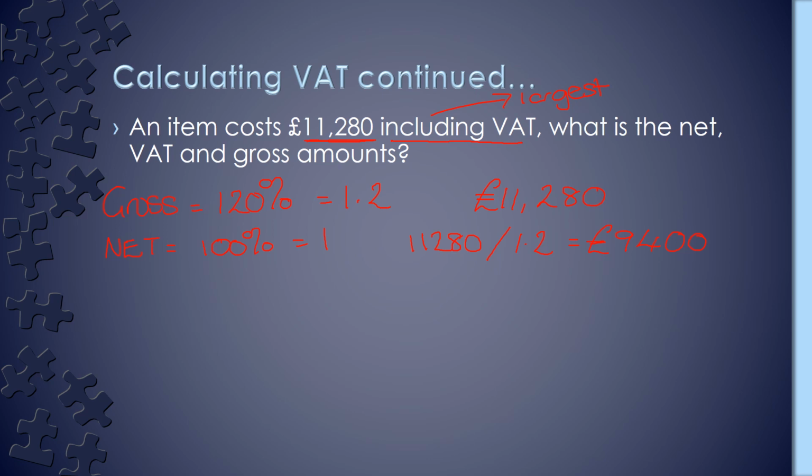So now we know our gross and our net, we can either do our VAT is equal to 11,280, take away our net amount, so we can work it out that way with a simple subtraction, or we can do our net amount, 9,400, and multiply that by 0.2 because we know our VAT rate is 20%.